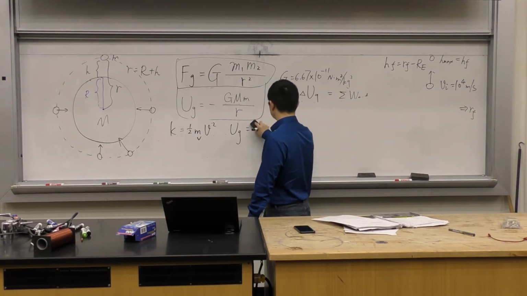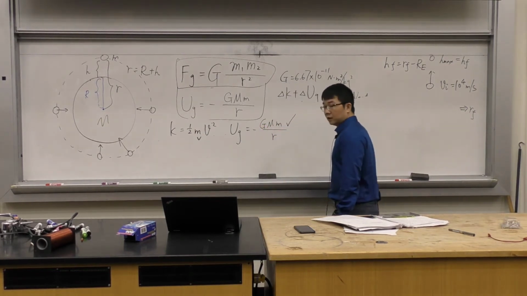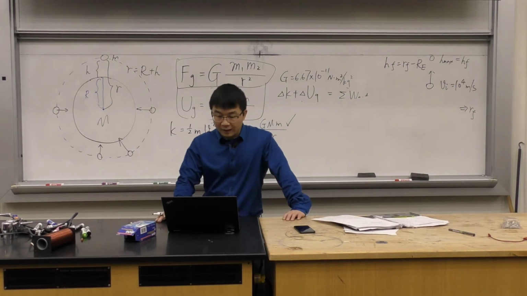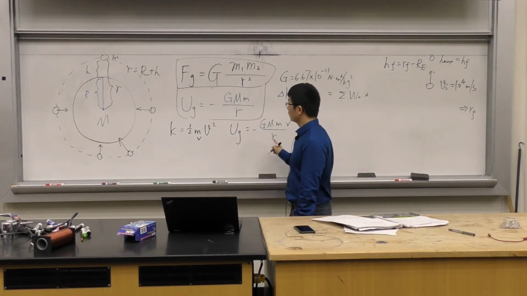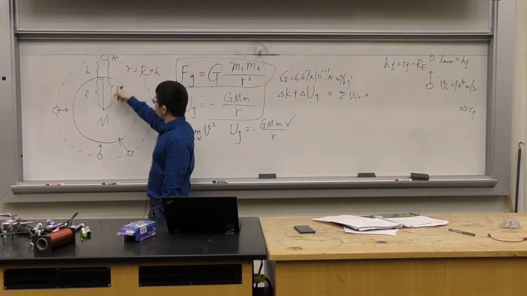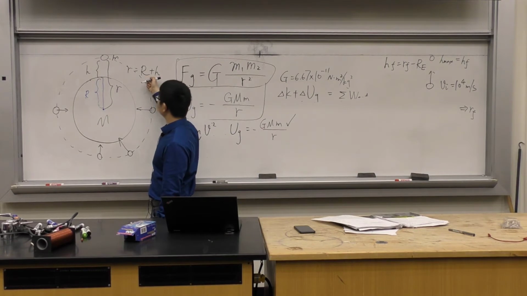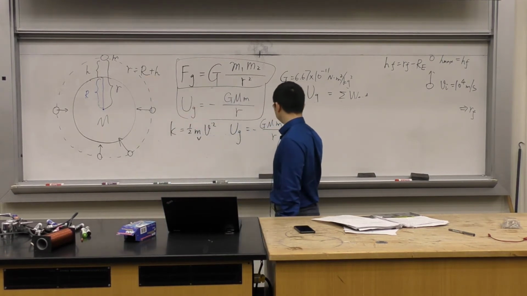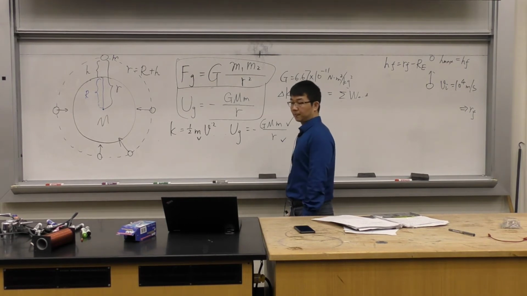Big M is a constant. So these three guys at the top, you don't need to worry about them. You already have them. You have the height. Again, you only have the height, right? If you want to find the R, the total distance from center, you're going to do radius of the Earth plus the height, okay? But you will find this R. So you can calculate this number first, right?